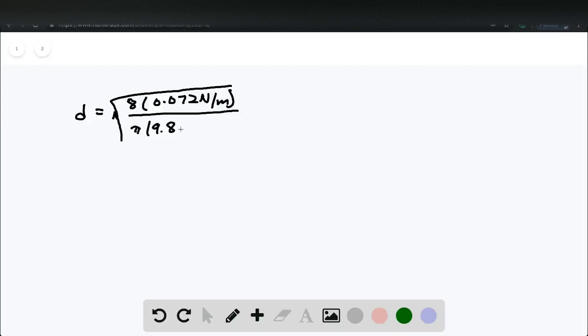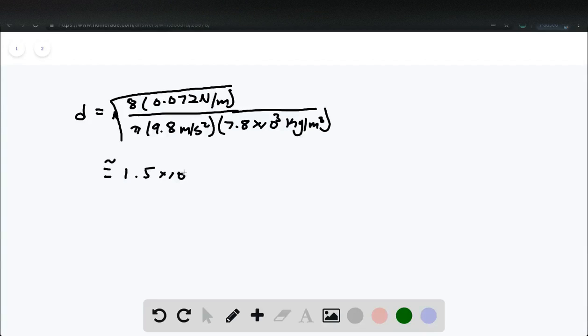Using 9.8 meters per second squared for g. So you can plug this into a calculator and you should get about 1.5 times 10 to the minus 3 meters, which is 1.5 millimeters for the diameter of this needle.